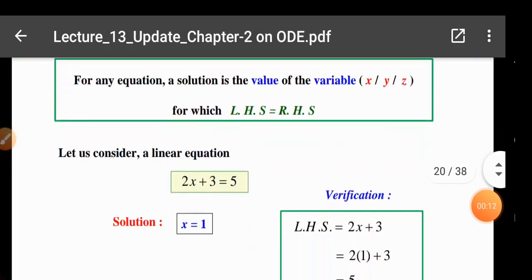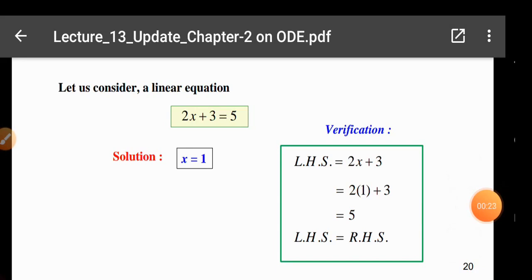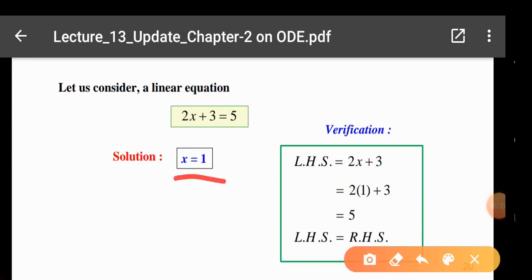Think about this algebraic equation: 2x plus 3 equals 5 and the solution is x equal to 1. X equal to 1 is called the solution of this equation because if we input x equal to 1 in the left side, you will get the right side back.